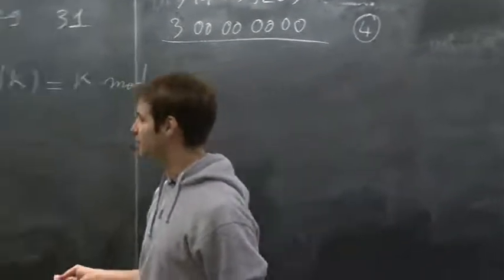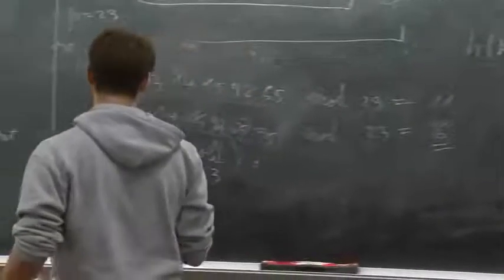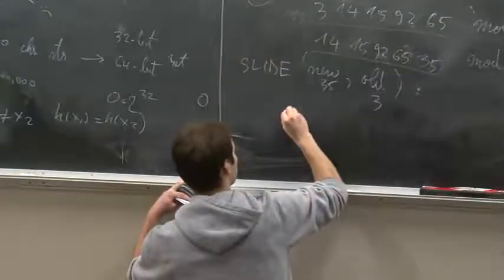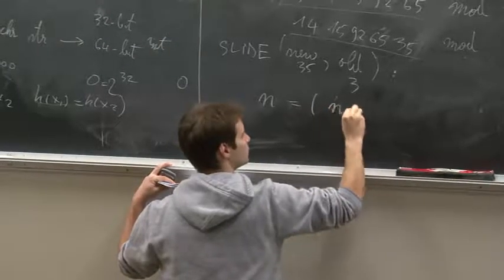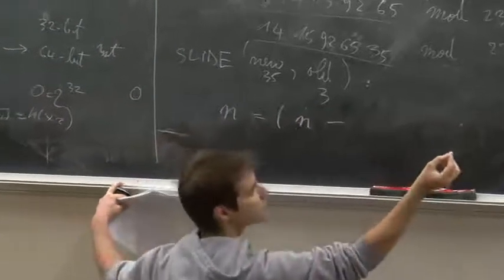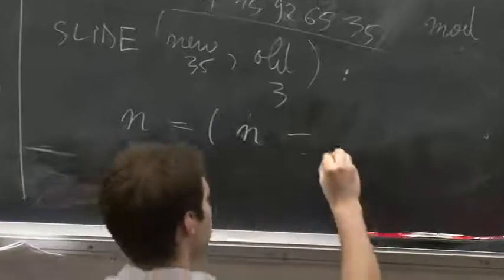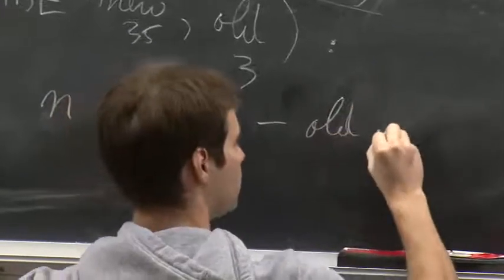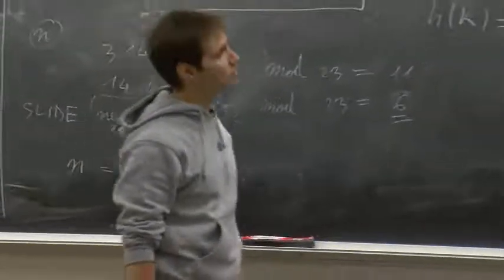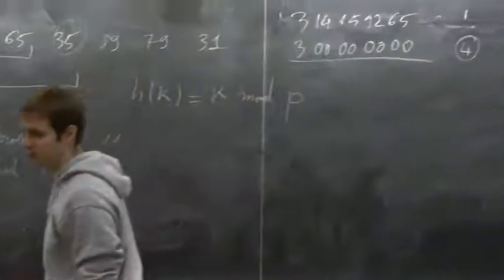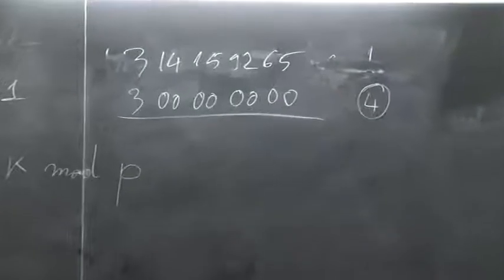So let's try to write this in a more abstract way. So n is the old n minus old, right? That 3 is old, times what do I have to multiply it by to get all those zeros?